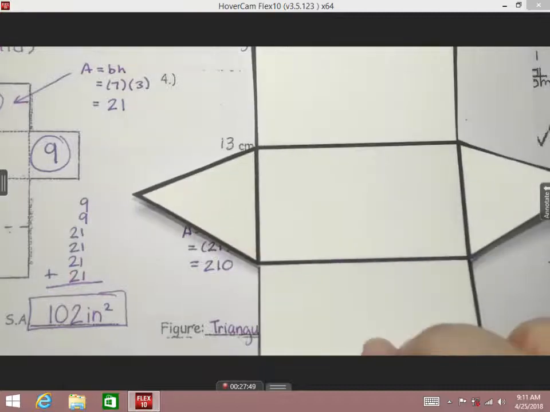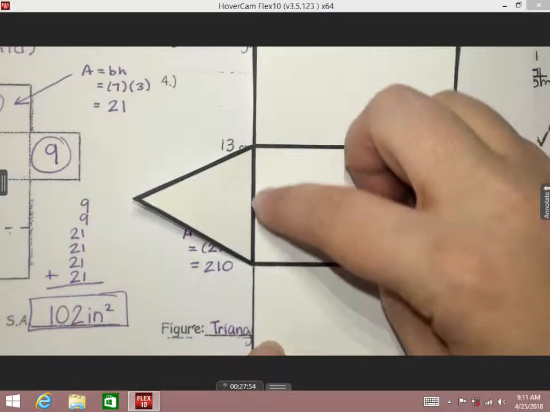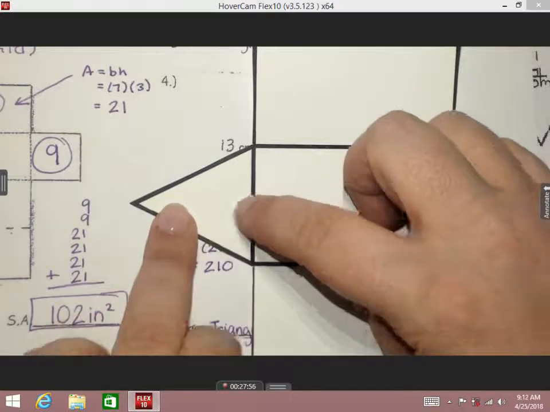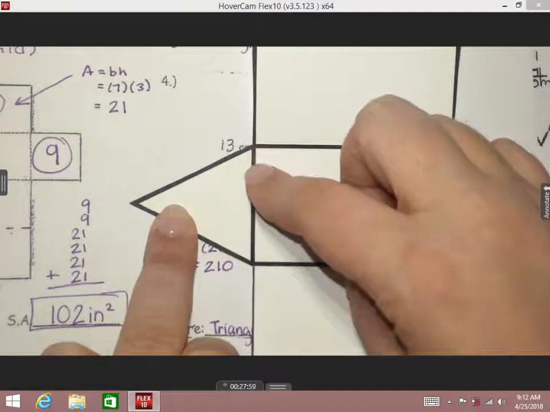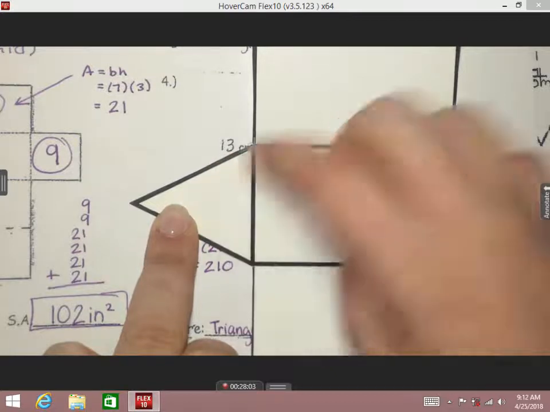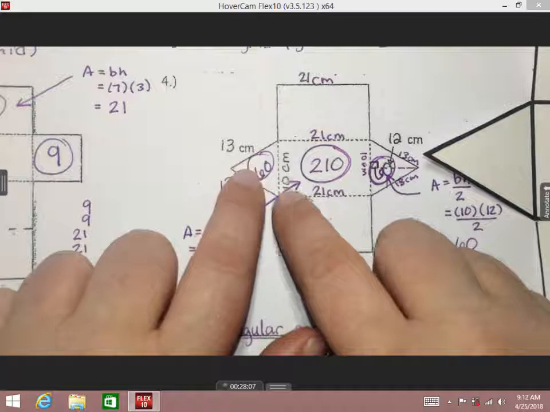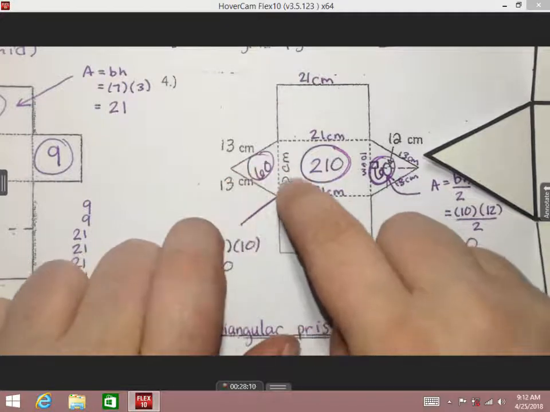Here's that shape. This length that's right here, if this triangle is not equal, this length and this length are not equal. Do I have equal lengths on that triangle? That's 10, that's 13. Are those equal?